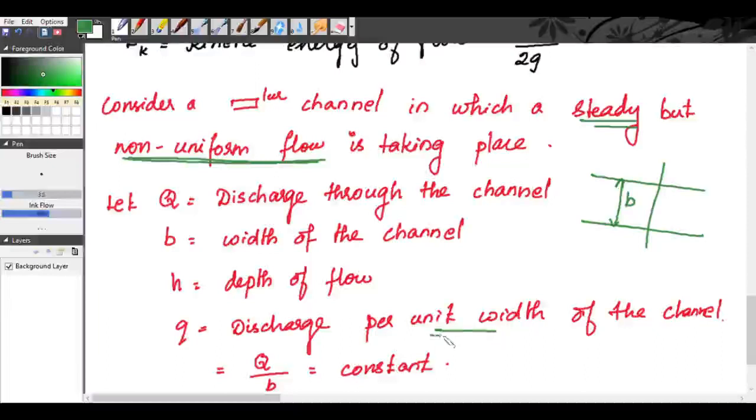If the total width is B, how will you find the discharge per unit width? You have to divide the total discharge by the total width. You will get the discharge per unit width.